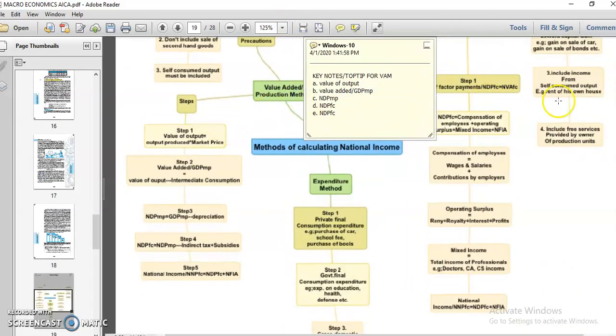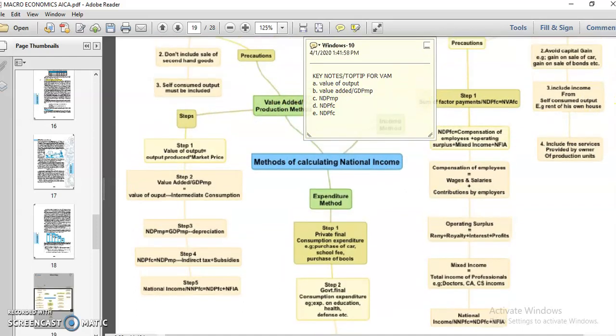You can see what are the steps to calculate value added method. This is an easy way to remember things, because this is a one pager. After getting all the information about national income, your types of goods, and all different methods, if you understand this one page, it comprises your whole chapter. So let's start with this.